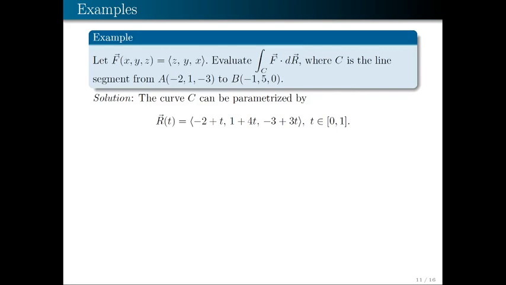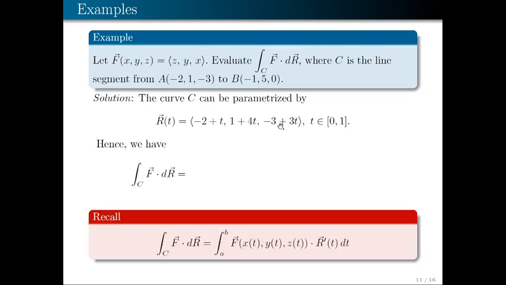Once again, we'll be using the formula that we have. We will write F in terms of t using this parameterization. x is negative 2 plus t, y is 1 plus 4t, and z is negative 3 plus 3t. So the integral of F dr over C can now be written out as the integral from 0 to 1.